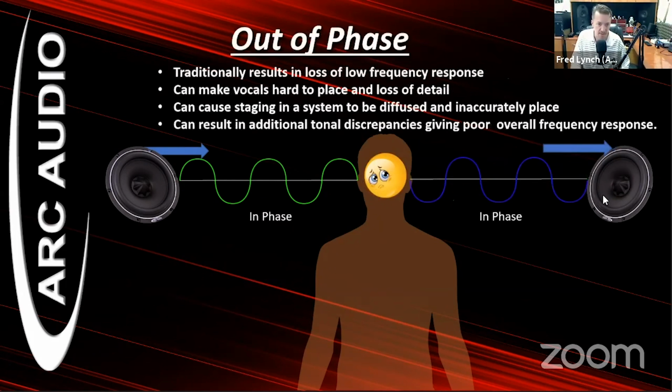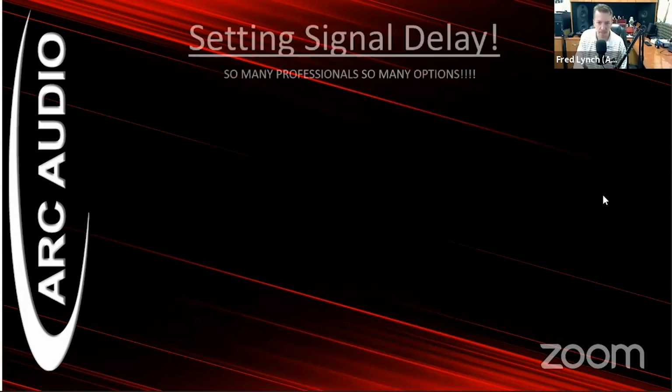The downside to it, if it's out of phase, you're going to hear a loss of detail. It's going to smear a vocal clear across the entire stage of the vehicle. You're going to hear things being inaccurately placed, and you're going to pretty much lose all of your low frequencies. Anybody who's installed subwoofers and done more than one sub obviously has experienced that, where we've all done it. Wired one sub out of phase, hooked up the system, and there's no output because they're canceling each other.